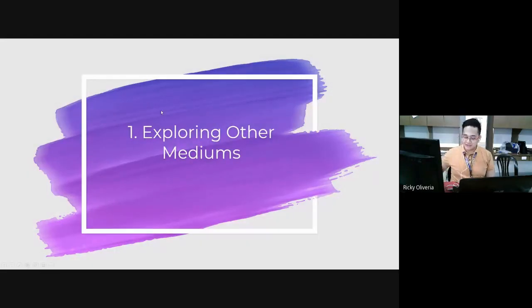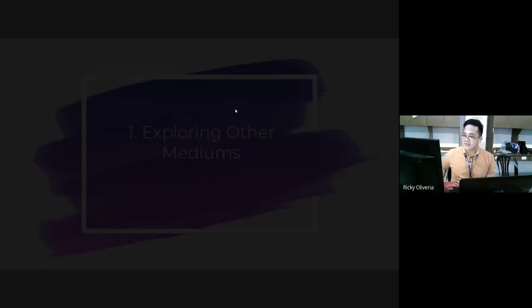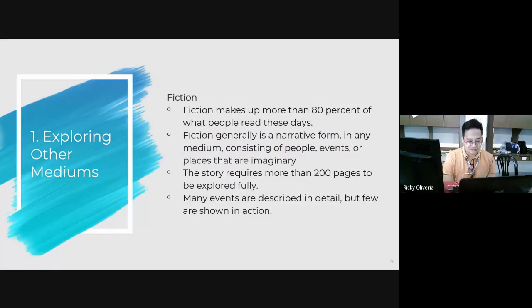So first is exploring mediums. What are the mediums that are possible for you to create a screenplay? So first is fiction. When we say fiction, these are the simplest definitions.